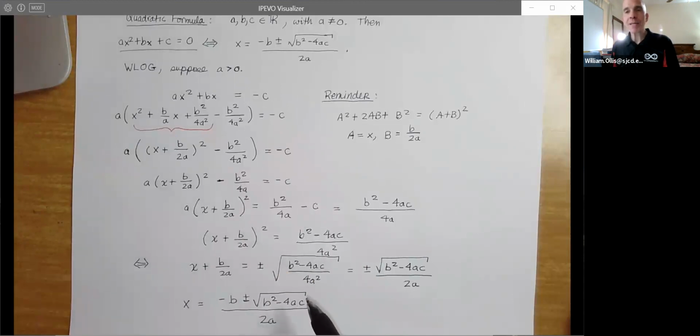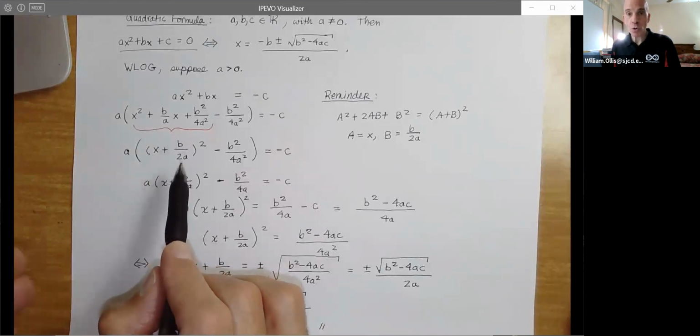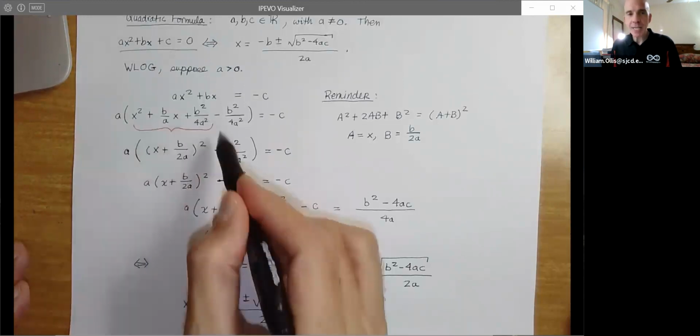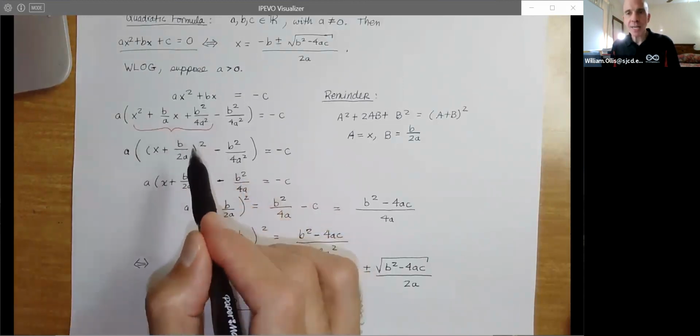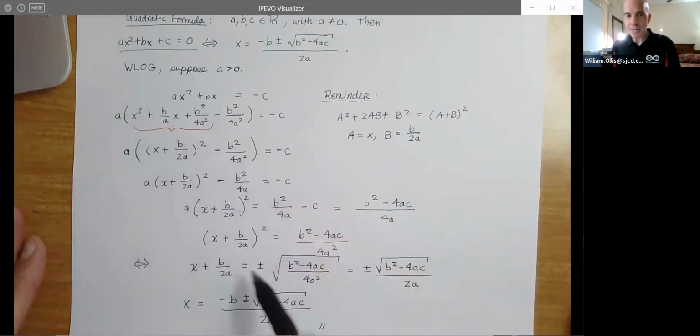But there will be times when you need to complete the square like we've done right here to work a problem. You won't have to go all the way down here, but the technique of completing the square is important. It's just that if you actually go through this process every time to solve a quadratic, that's not always necessary.